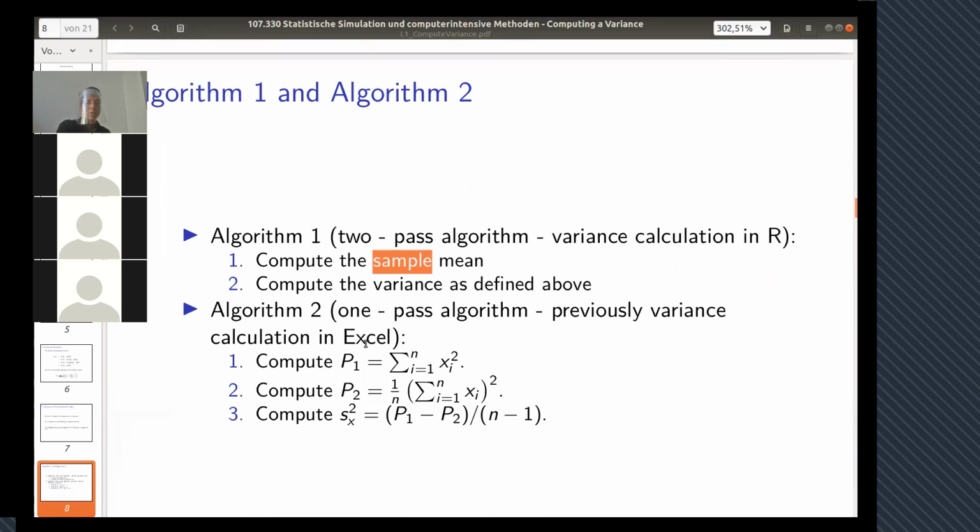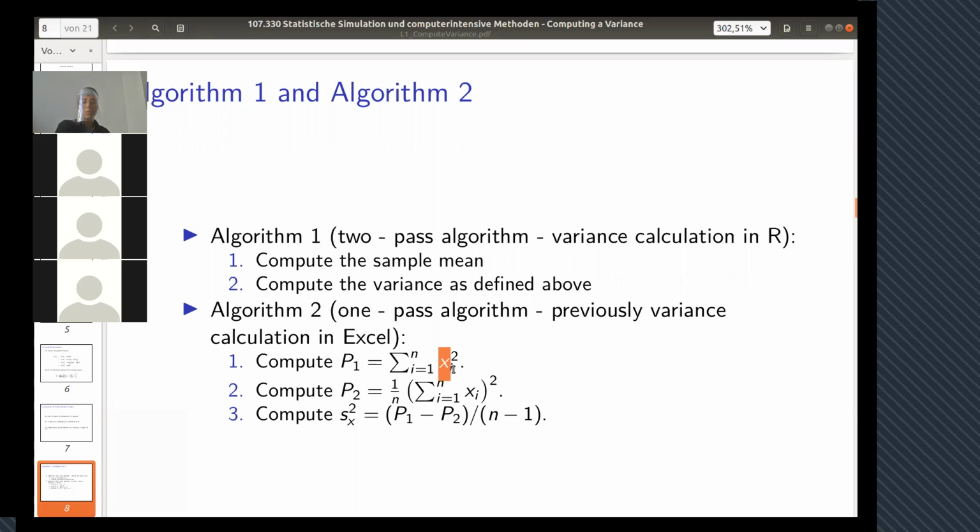Then there's a second version of the algorithm. This is what Excel did previously in the old days of the beginning 2000s. Excel used this decomposition formula. Because it's super simple to sum up values, Excel just did this summing up.